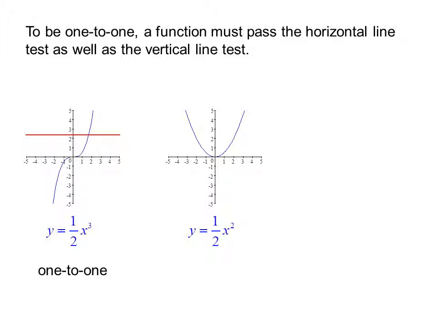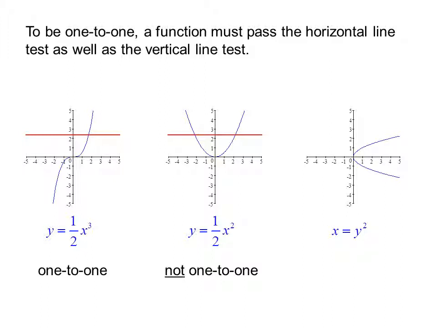The function y equals 1/2 x squared, which we recognize as a parabola, is not 1 to 1 because we can draw a horizontal line and hit the function twice. This horizontal parabola, x equals y squared, fails the vertical line test, so it's not a function. And it's also not 1 to 1.